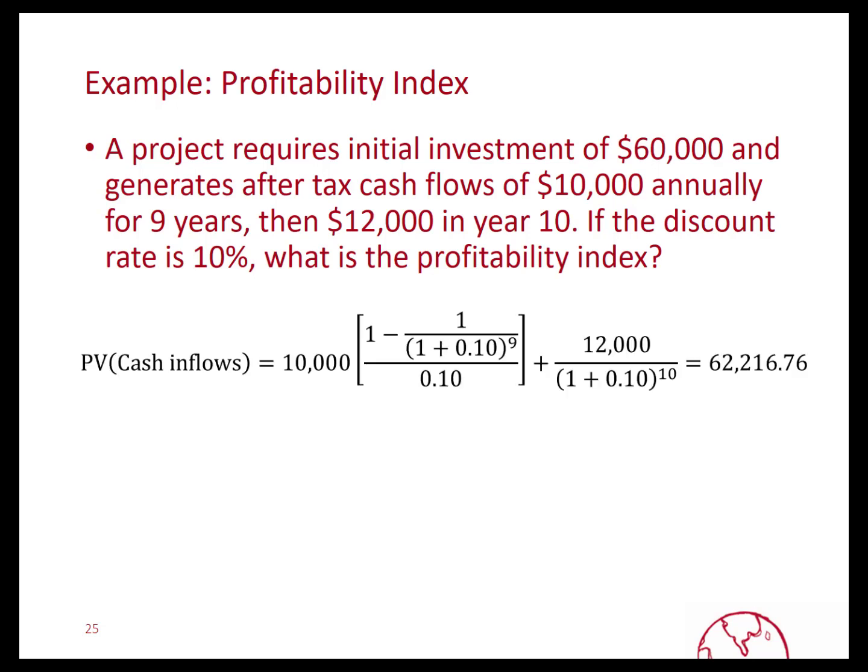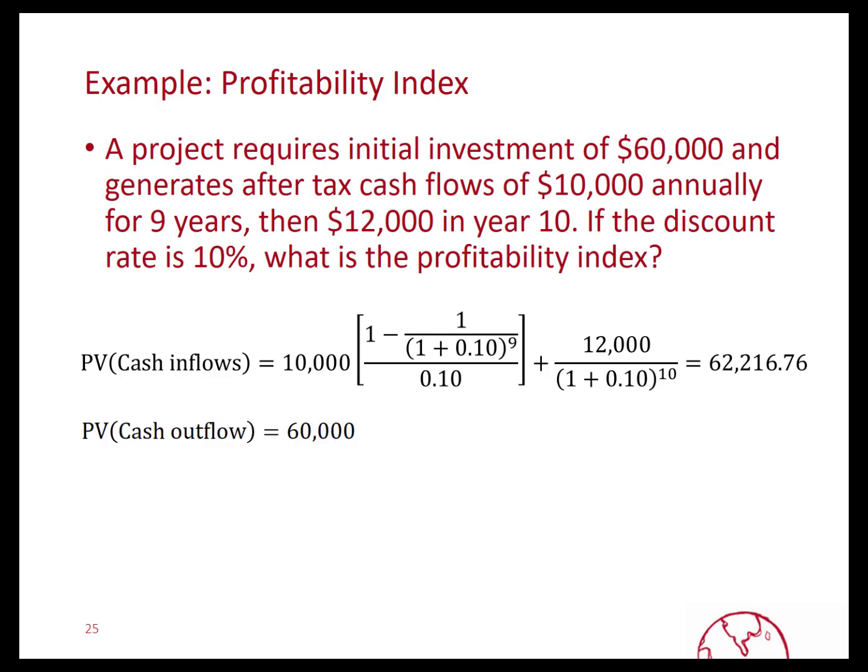Okay, so we need to figure out the present value of all the cash that's going to be coming in, and we have an annuity of $10,000 discounted at 10%, plus we have that final payment, you can think of it as salvage value of $12,000, which has to be discounted for the full 10 periods. Adding those two together, we see that we're going to receive $62,216 in today's dollars.